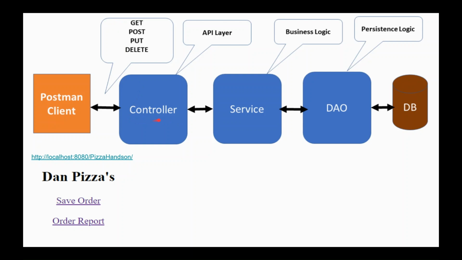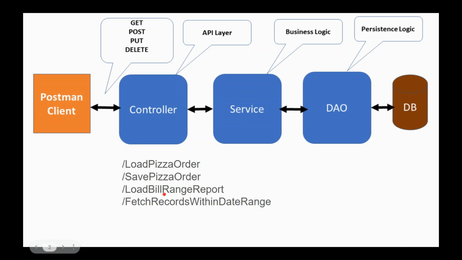Now the controller will decide what page the request is for and what endpoint they are trying to call. So in our controller, we have these four endpoints: load pizza order, save pizza order, load bill range report, and fetch records within the date range.